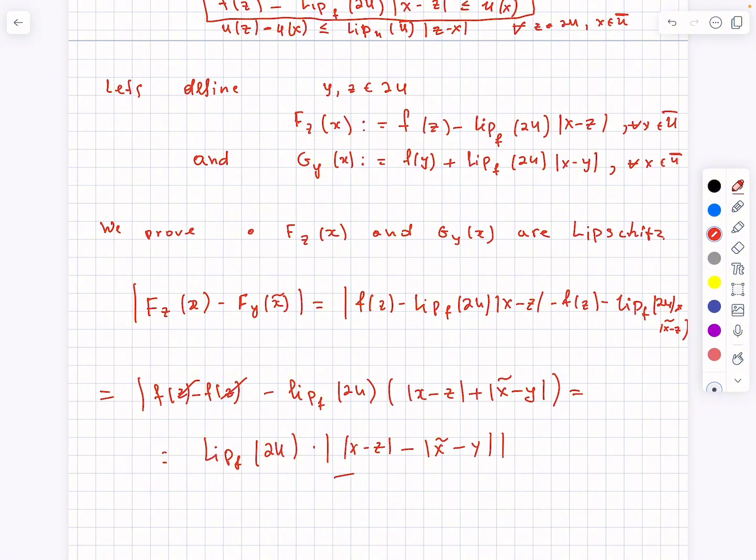We know the inequality ||a| - |b|| is less than |a - b|, the triangle inequality.